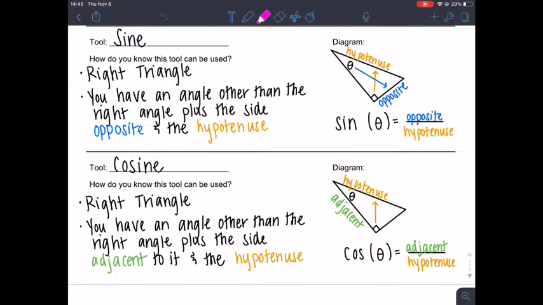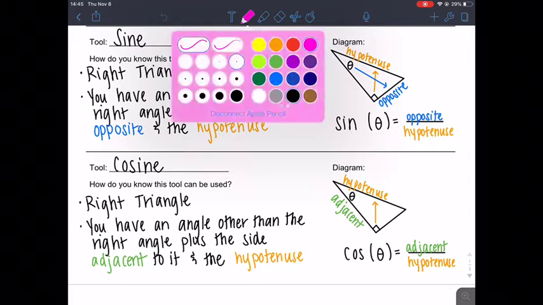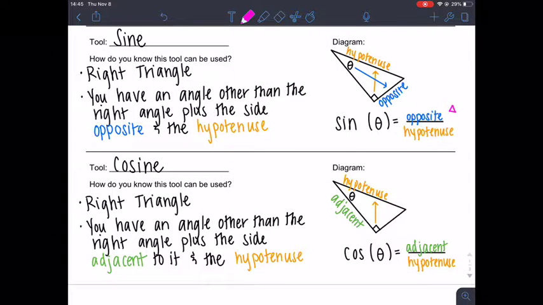So remember that our opposite is like our change in y, our run, and our adjacent is like our change in x. So we're going to pause here and give you time to write these two tools down, because then we are going to use them.